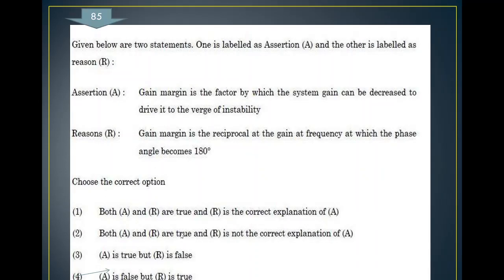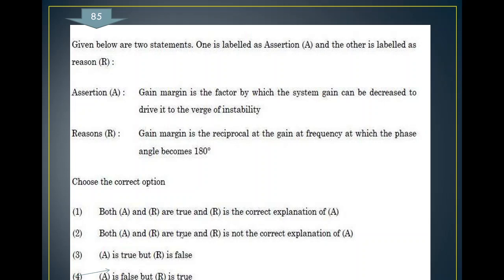Next, given below are two statements. One is labeled as assertion A and the other is labeled as reason R. Assertion A: gain margin is the factor by which the system gain can be increased to drive it to the verge of instability. Reason R: gain margin is the reciprocal of the gain at the frequency at which the phase angle becomes 180 degrees.